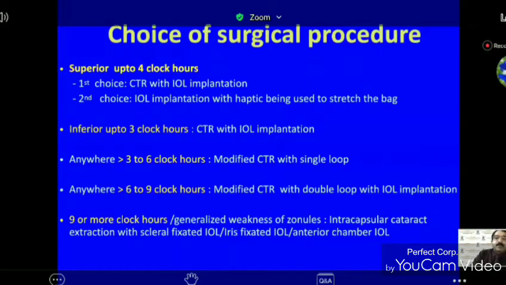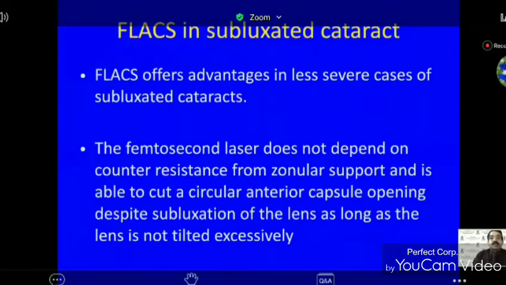Between 3 and 6 clock hours, modified CTR with a single loop. Greater than 6 to 9 clock hours, modified CTR with the double loop with IOL implantation. With 9 or more clock hours and general weakness of the zonules, intracapsular cataract extraction with scleral fixated or iris fixated IOL, or an anterior chamber IOL, is what is done.